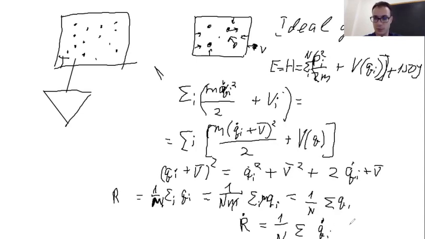Then we can define new positions as position minus the position of the center of mass, and then the new velocity q dot prime equals q dot minus R dot.